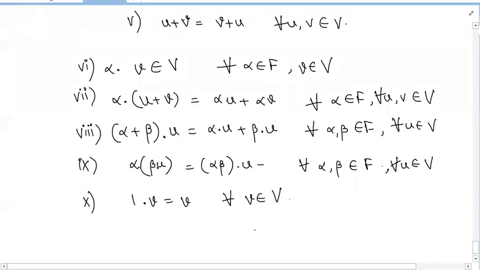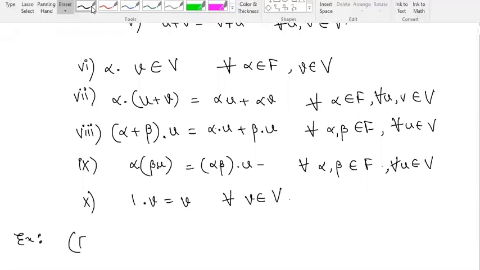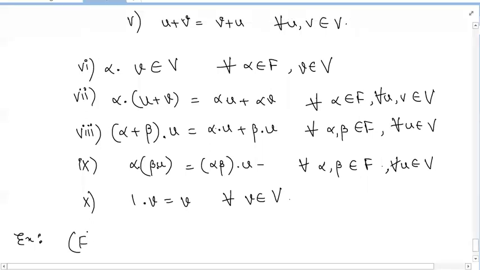So now a very basic and fundamental example is F^n. F is any field.